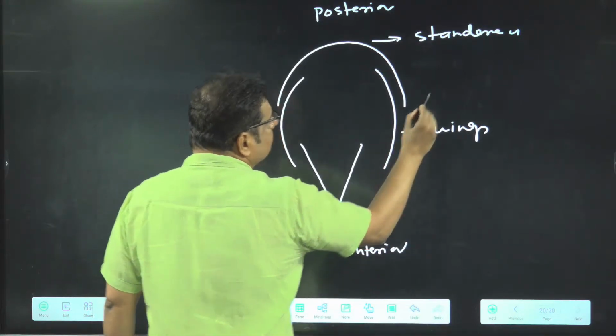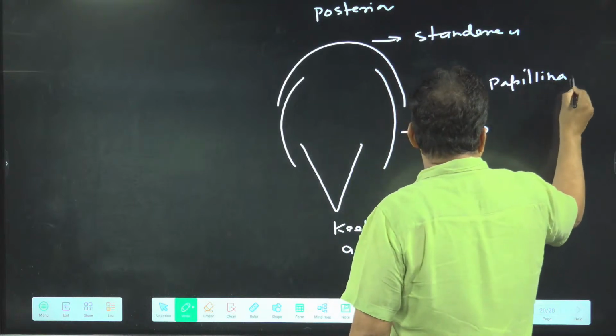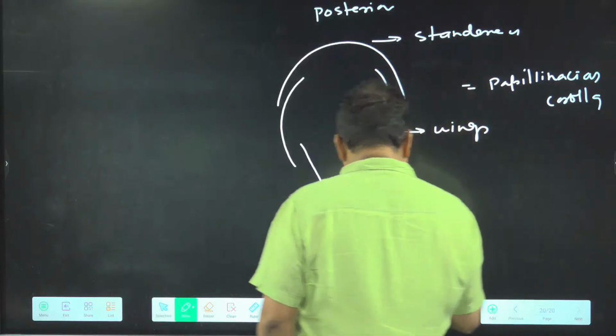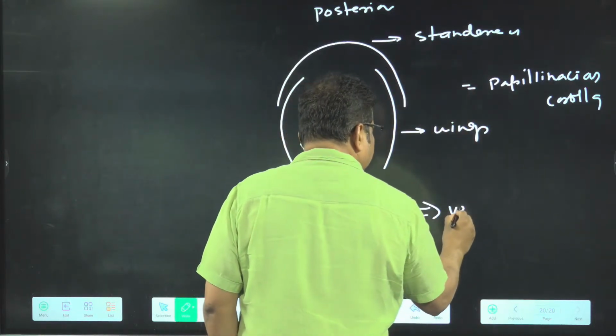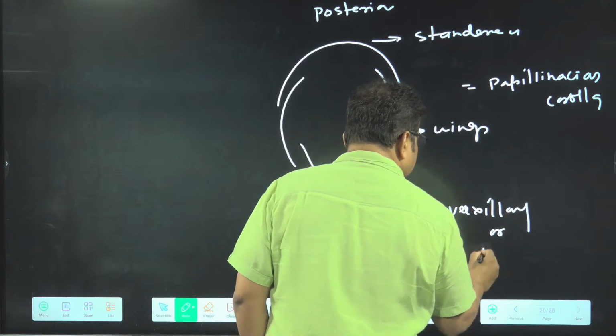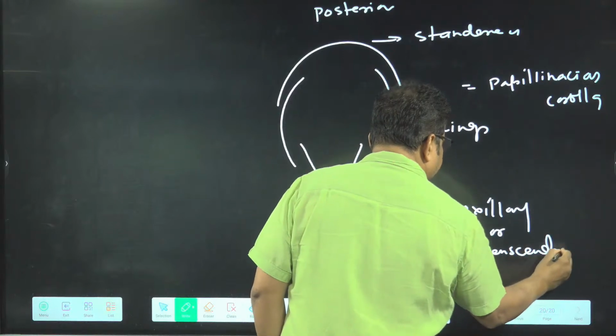So it is called which kind of corolla? Papilionaceous corolla. This papilionaceous corolla is which one? Axillary. Or you can also say it as what? Descending imbricate.